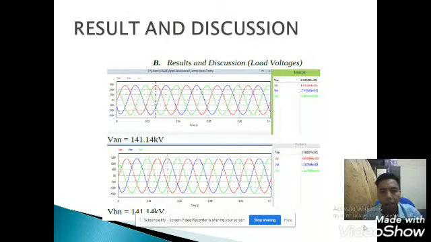Okay, so this is the graph from the simulation software that we get. Firstly, we get the VAN. The graph shows the value of VAN is 141.14 kilovolt, and then value of VBN from the graph is 141.14 kilovolt.